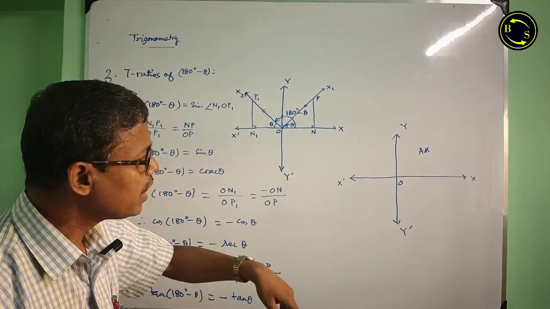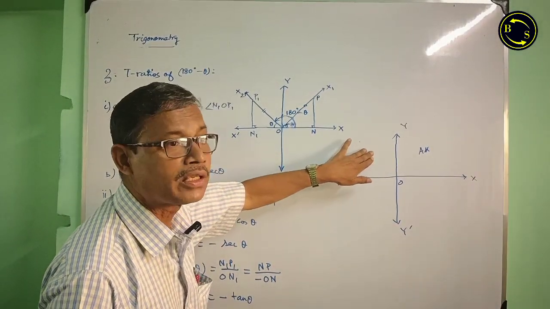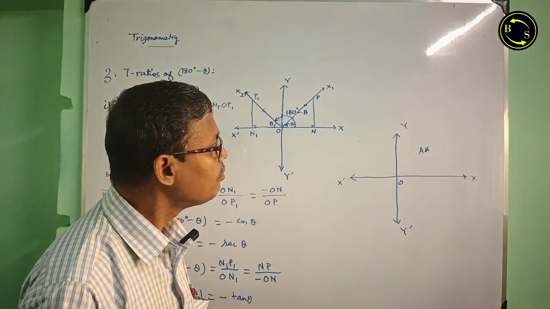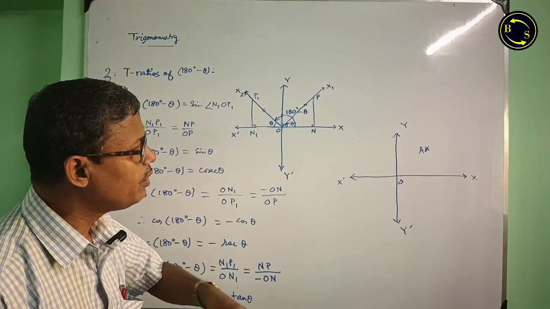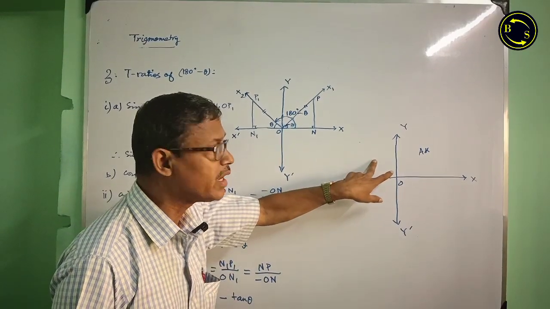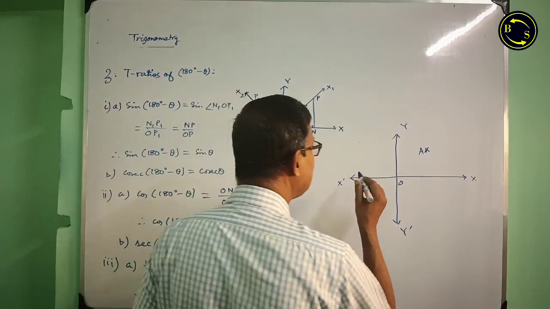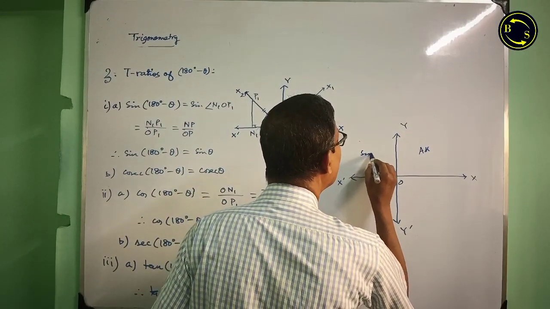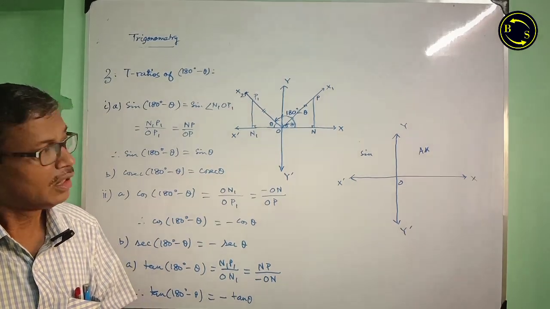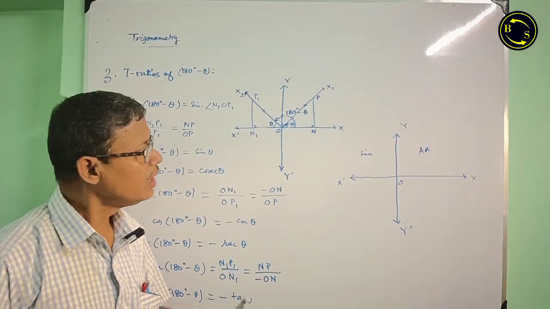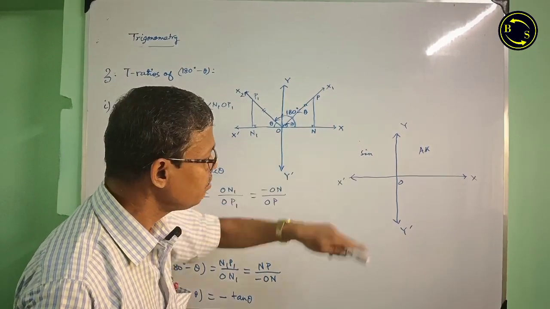Then we have deduced that trigonometrical ratios of sine and cosec will be positive when the terminal position of the revolving ray is within the second quadrant. Just we mention here sine because cosec is reciprocal of sine. Then in second quadrant, sine ratio will be positive.